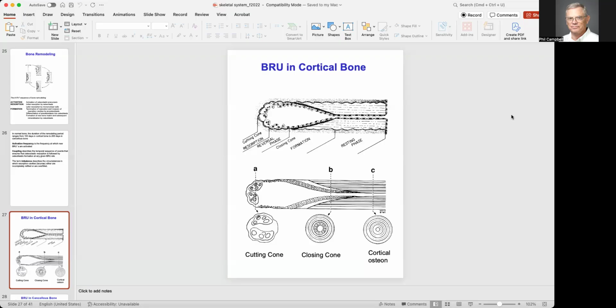Then the cells stay on the top. They secrete more osteoid. That becomes mineralized. They keep doing this. We get these concentric circles, if you will, decreasing until the point where they have a hole, which is called the Haversian canal. They do not completely seal up, because we need the Haversian canal for blood vessels as well as nerves, right?